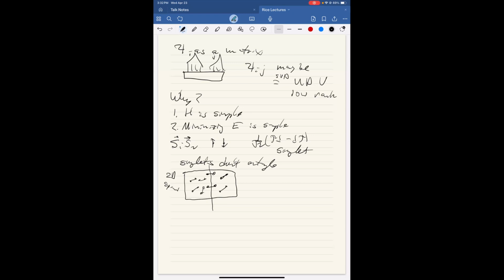Okay, so if you have these fluctuations, whatever way you think of it in an instantaneous picture, there'll be parts of this that are just on one side and they're not entangled. And so you get little entanglement.